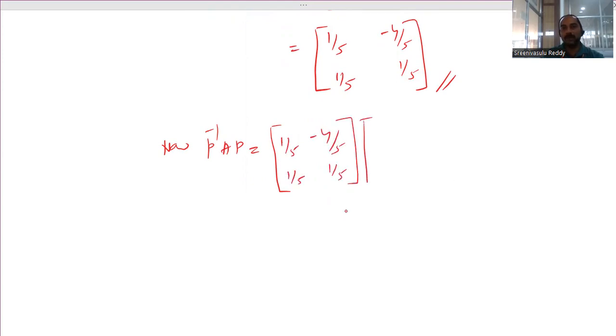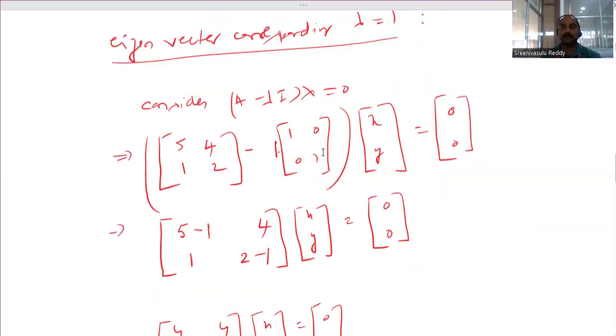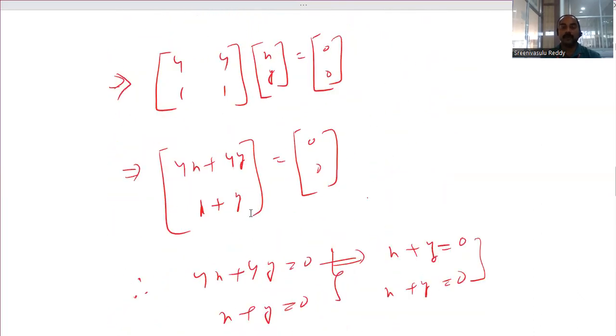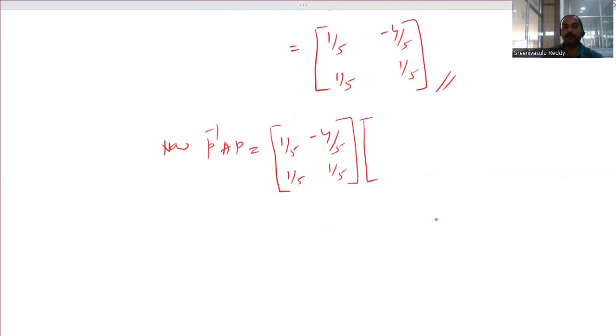What about the A matrix? The given A matrix is 5, 4 as the first row and 1, 2 as the next row. P is 1, minus 4, 1, 1.